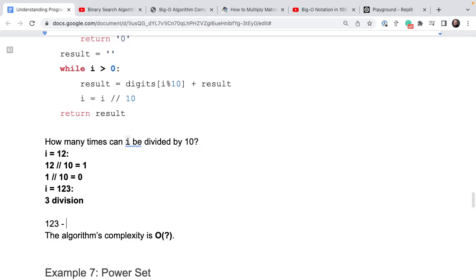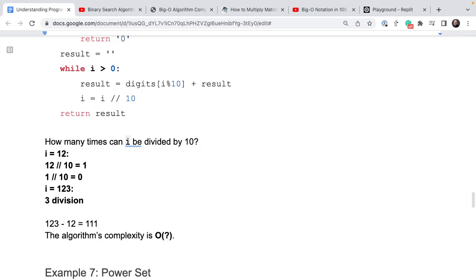The difference is 111. So you increase the input by 111. Did the time increase by 111? No, that would be a sign of a linear algorithm, one where when you increase the input by 111, the time increases by 111. That's what it means to be linear.